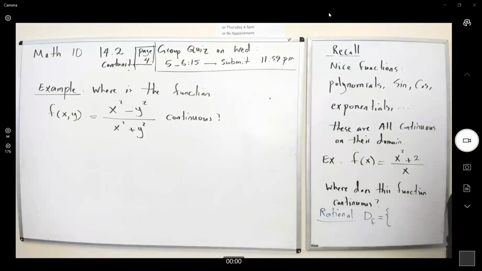I'm not talking about points, I'm talking about just numbers on the x-axis. The set of all x values with the condition that the denominator is never 0. The only problem that you have here is the denominator, which can cause problems for you. If the denominator is 0, then remember that we say that it's undefined. So x cannot be 0.